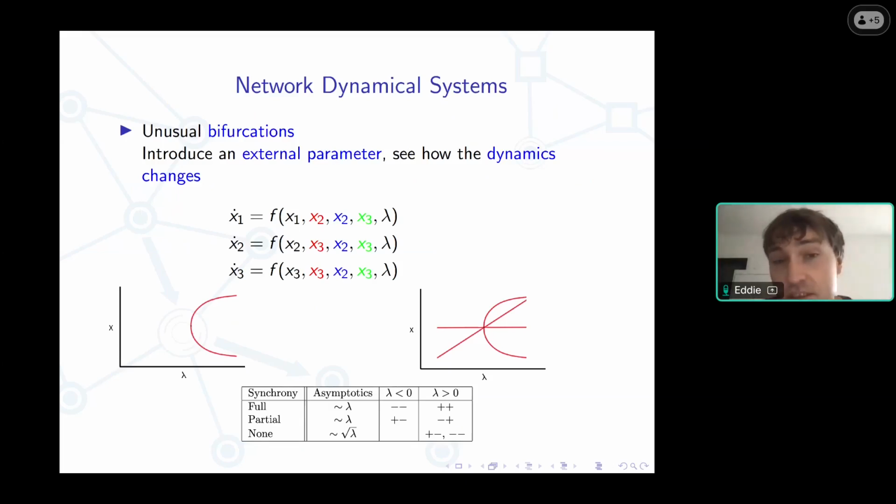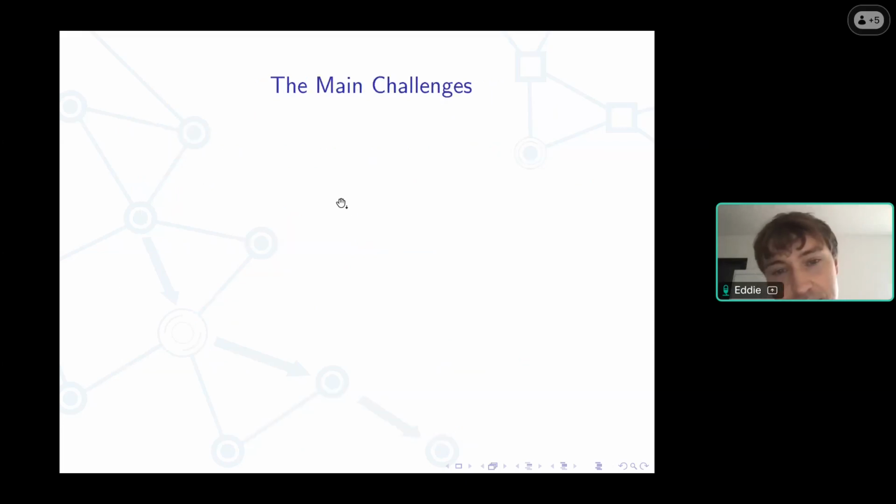There's a rich history of trying to understand bifurcations and trying to, for instance, classify these or just calculate what the bifurcation is. But it turns out it's not so easy when it comes to network systems. So let me tell you a little bit about the main challenges. So this will be a bit of an abstract slide, and then I'll give a very concrete example, which will motivate really a technique that will motivate the rest of this talk.